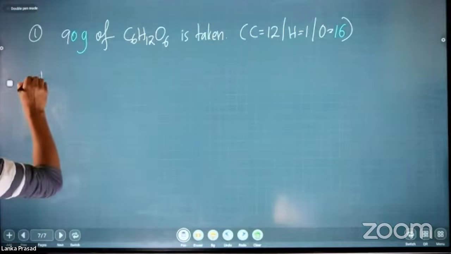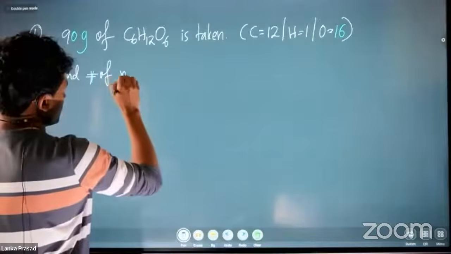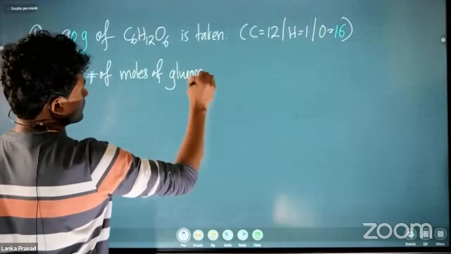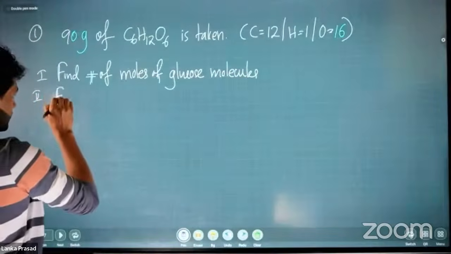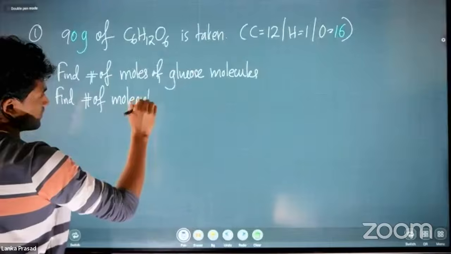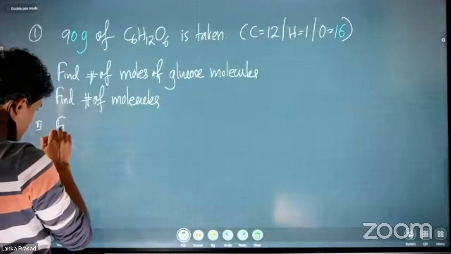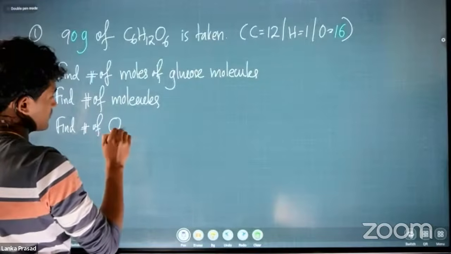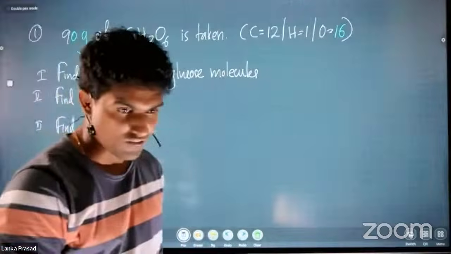First, find the number of moles of glucose. Second, find the number of molecules. Third, find the number of O atoms. Try to find it.